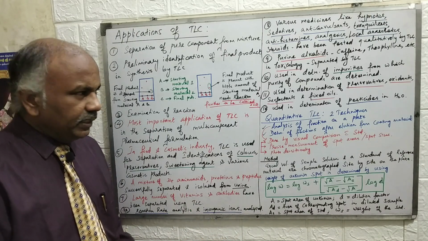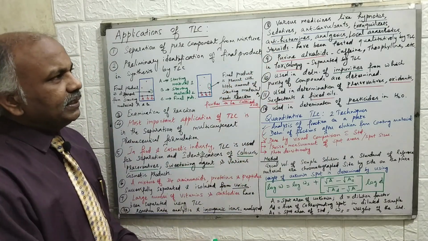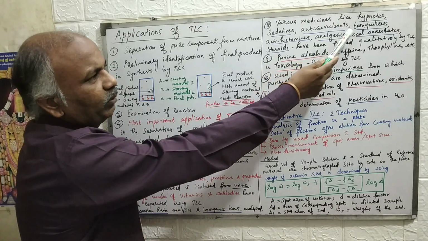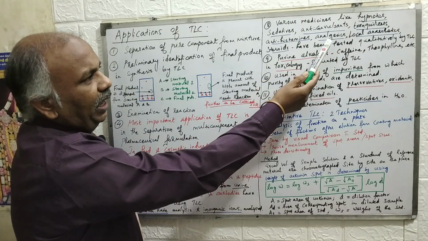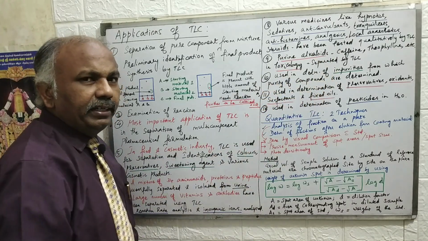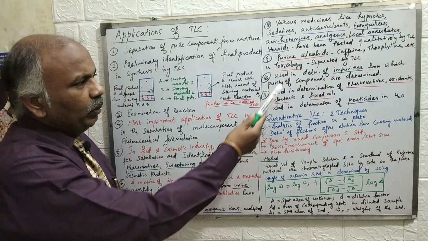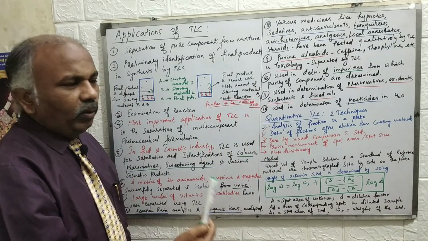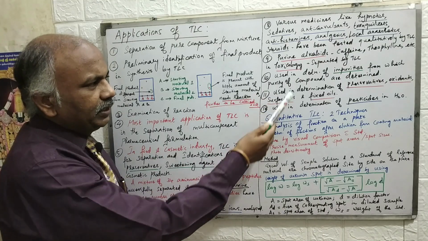Then various medicines like hypnotics, sedatives, anticonvulsants, tranquilizers, antihistamines, analgesics, local anesthetics and steroids have been tested qualitatively by TLC. Purine alkaloids such as caffeine, theophylline and theobromine in toxicology can also be separated by TLC.